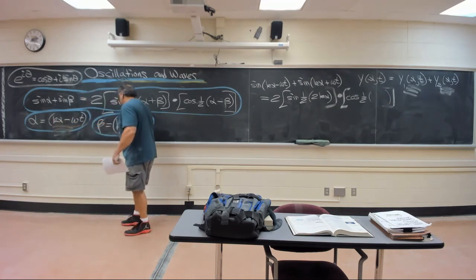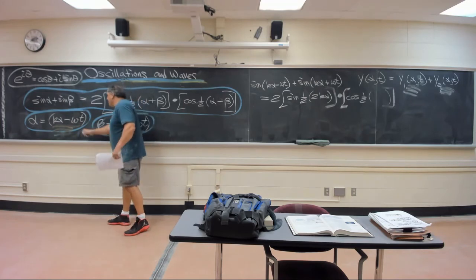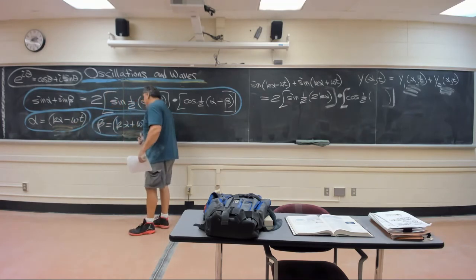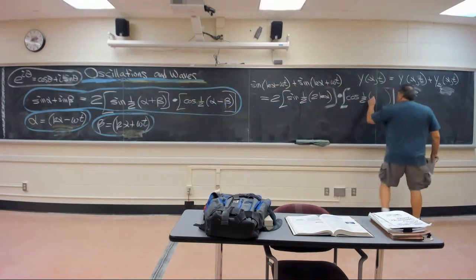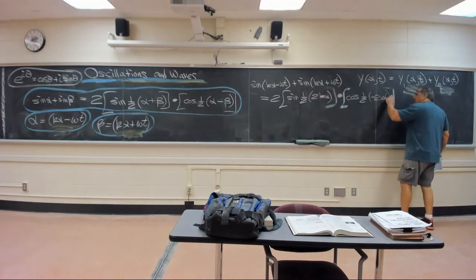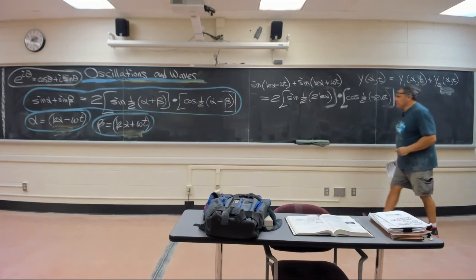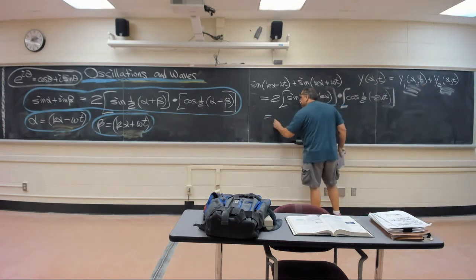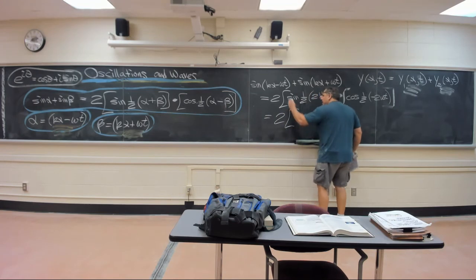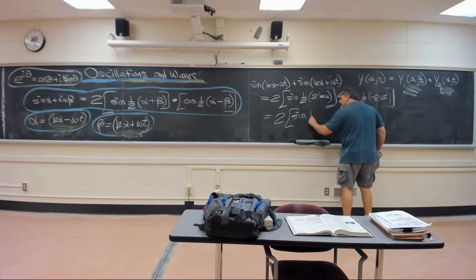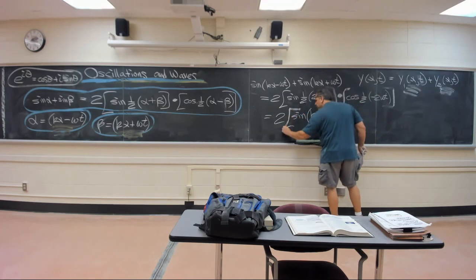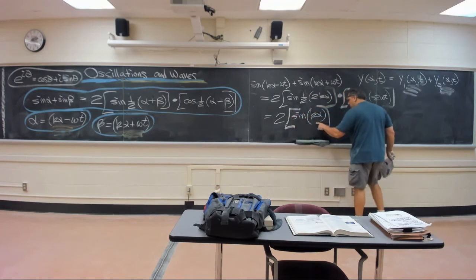Kx minus kx is 0. Negative omega t minus omega t is negative 2 omega t. This is rather interesting. You'll see what I mean in a second. 2 is 2. You can't bring that into the sine function. The sine function's here. Half of 2kx is kx. Full stop. I don't see any time in this term right here.